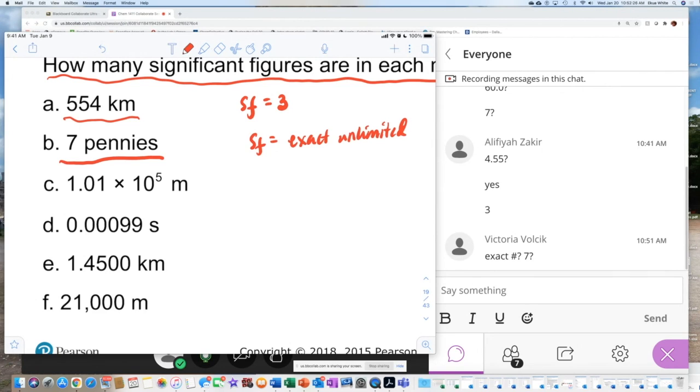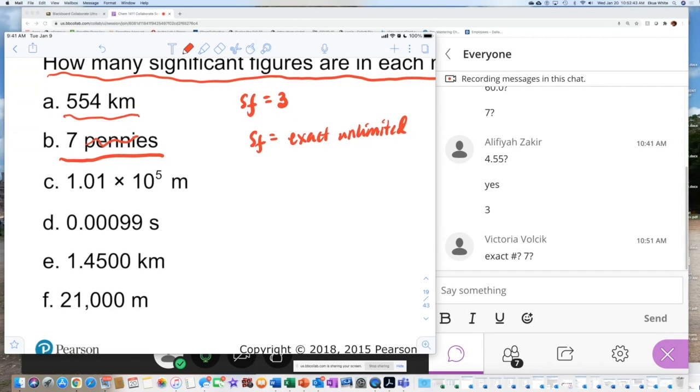Now, if you're working out a problem on the exam, I will rarely assign you something ambiguous like this. But if you were working on a problem in the exam, and instead of having the unit pennies here, this said 7 meters or something like that, then you will count this as one significant figure.